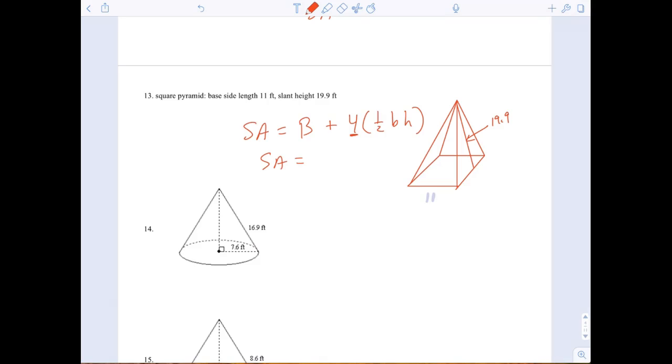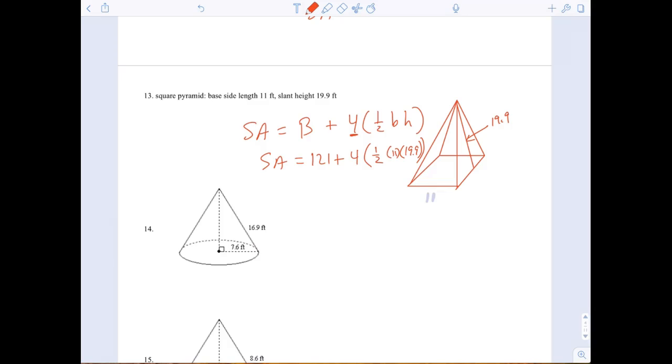So what's the area of the base, Carlin? Yes, 121 plus 4 times 1/2. What's the base of the triangle? 11. What's the height of the triangle? 19.9. Come on, guys. Tell me. So this times the base. 11 times 11.